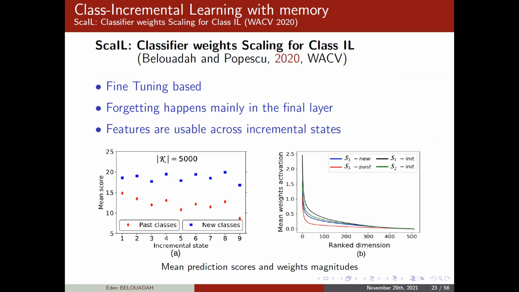Now sometimes you use the words weights and sometimes you use the words weights activations. But so am I correct in saying that what you change is the actual weights of your last linear classifier, right? Yes, it is the weights of the class.